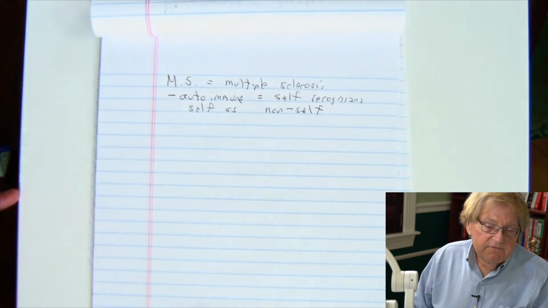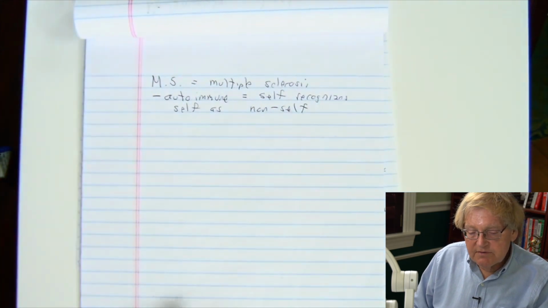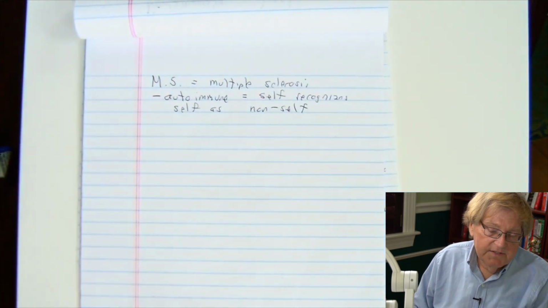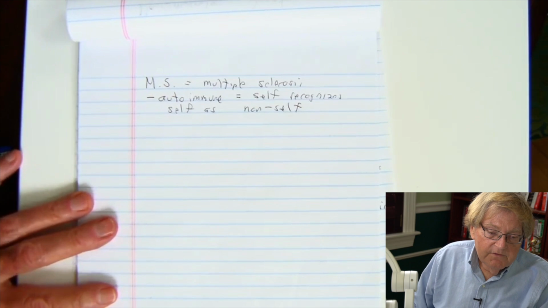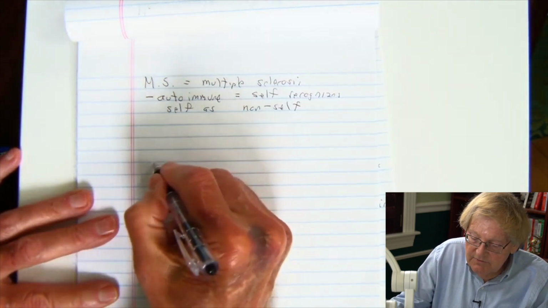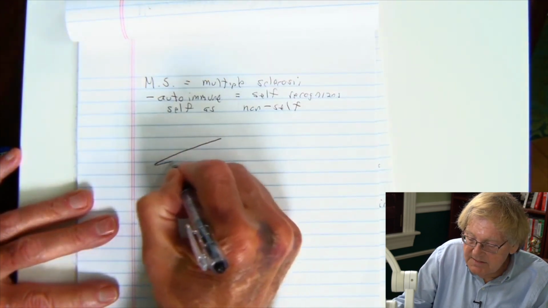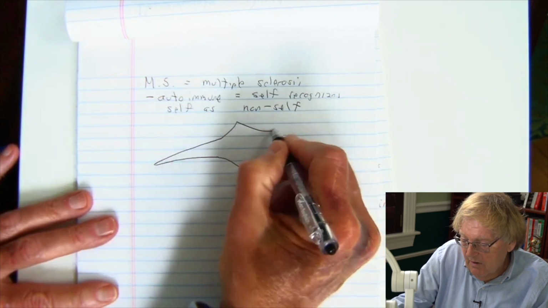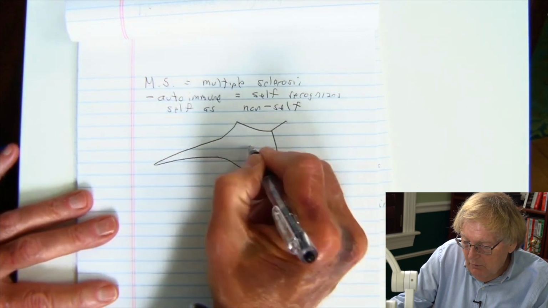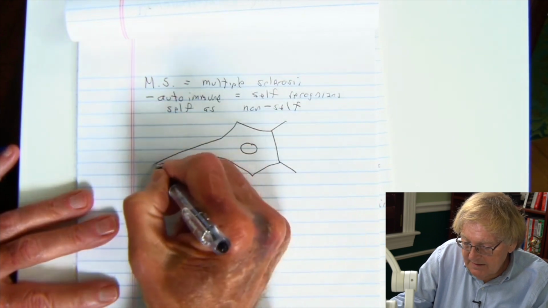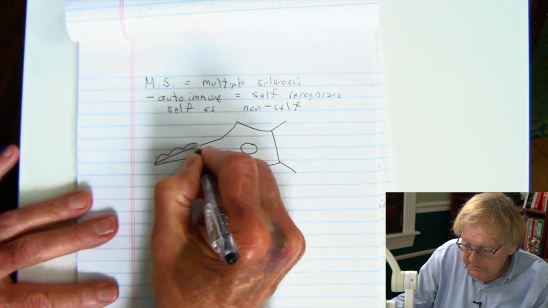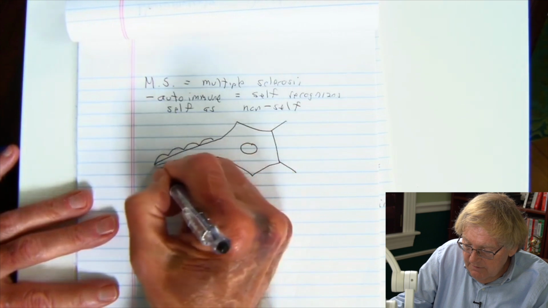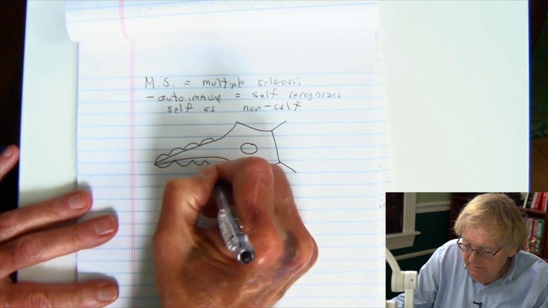So if I want to make a very simple discussion of understanding MS and tying all of this together, just think that if I was looking at a neuron, and here's my axon, and we'll just draw a multipolar neuron. Remember, the axon in a normal person is covered with the myelin sheath.